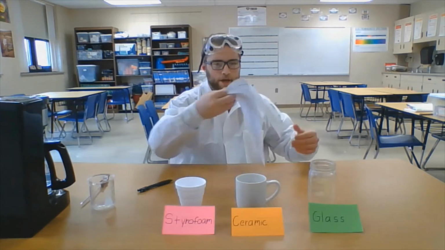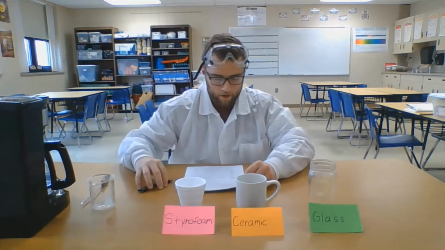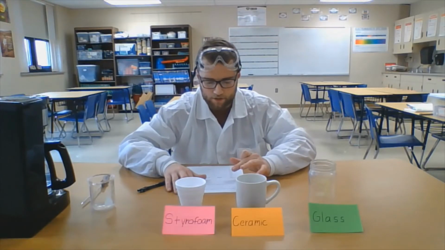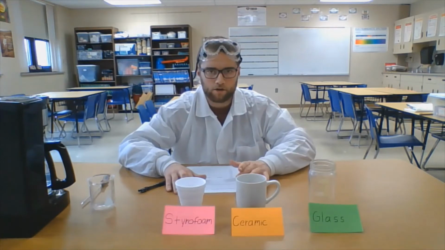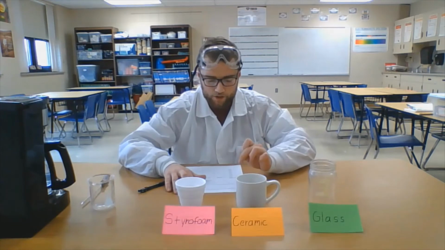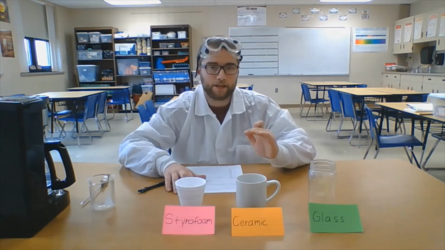Moving on to the next page, page 2 of your lab packet. Which of these vessels will lose thermal energy the fastest, be the best conductor? And that's another prediction for you to make. Which of these vessels will hold thermal energy the best, be the best insulator?